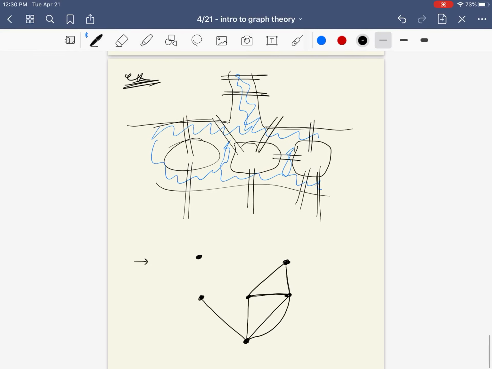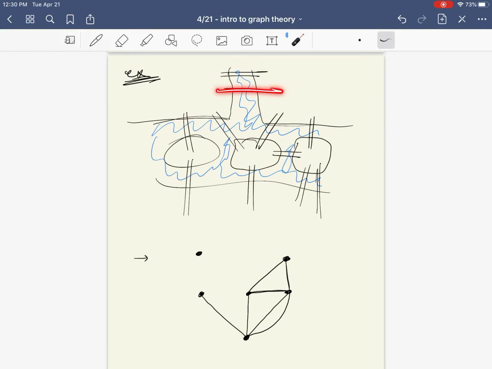These top 2 landmasses are connected by 2 bridges. So we'll draw those as edges like this. The top left landmass is connected now to the middle one and the left-hand island. So we'll draw those connections. Middle island, left-hand island, and I think that should be it. Yep. So this is all of the connections that we have.